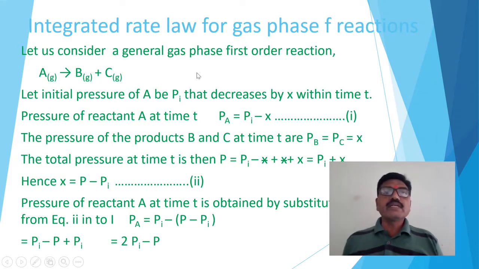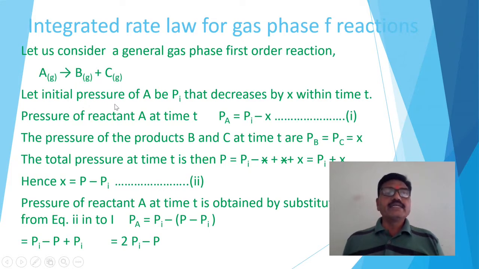Let us consider a general gas phase first order reaction: A converts into B and C. As there is only one reactant, this is a first order reaction, and all the reactants and products are gaseous, so this is a gas phase reaction. Now see how the derivation is obtained.